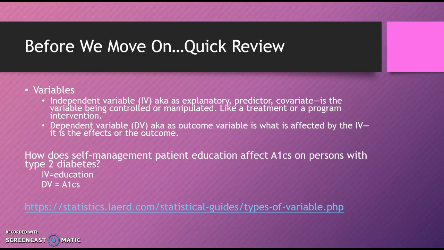And also, because you do talk about it a little bit with the research, and we talk about it in the evidence-based practice class, is the level of measurement of your tools, such as the ratio, nominal, interval, and ordinal data. And this link also has a nice way to describe that as well.